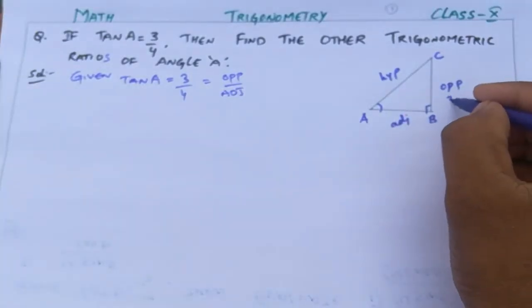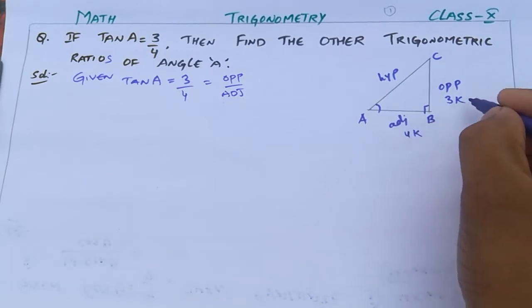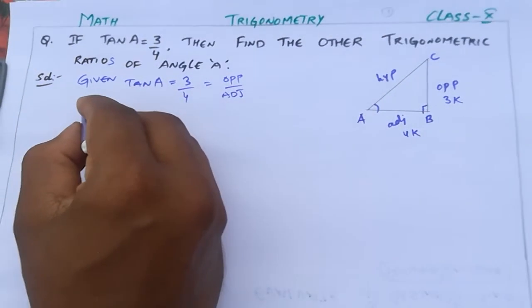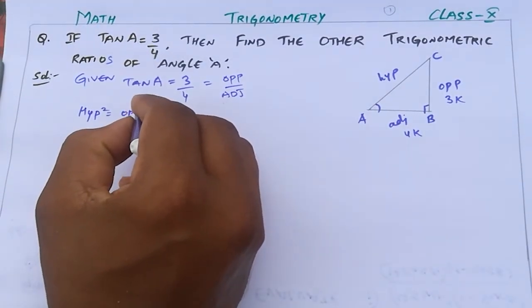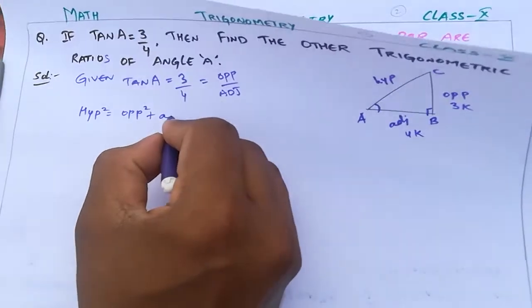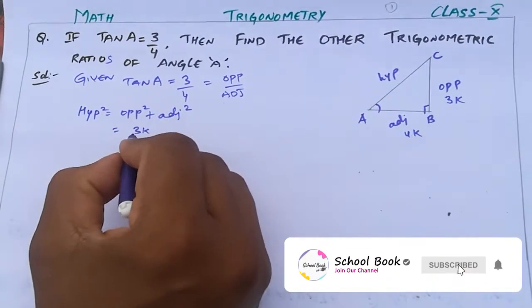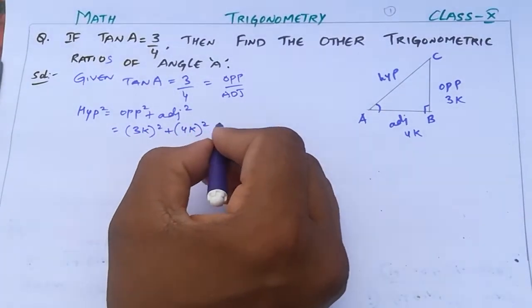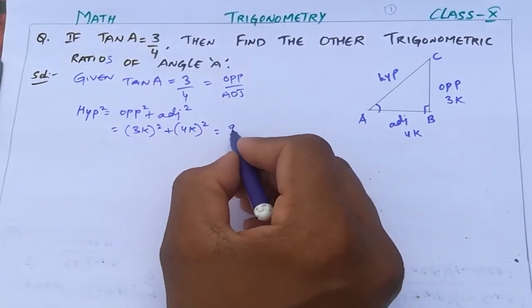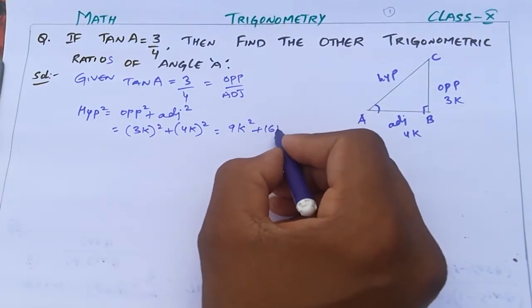So I am taking the opposite value as 3k and adjacent value as 4k. Hypotenuse we will find out. Hypotenuse square equal to opposite square plus adjacent square. We will apply the values: 3k whole square plus 4k whole square. So 9k square plus 16k square.